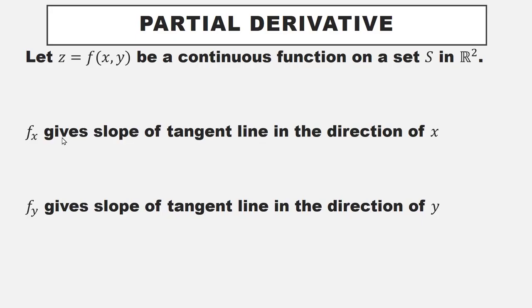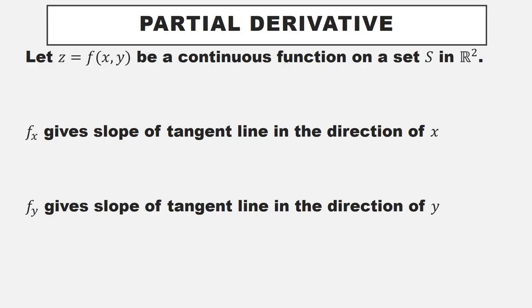Now, what does the partial derivative do in a multivariable function whose inputs are in R2? So let's assume this is a continuous function in R2. Well, f sub x gives the slope of the tangent line in the direction of x. So in a direction that's parallel essentially to the x-axis.